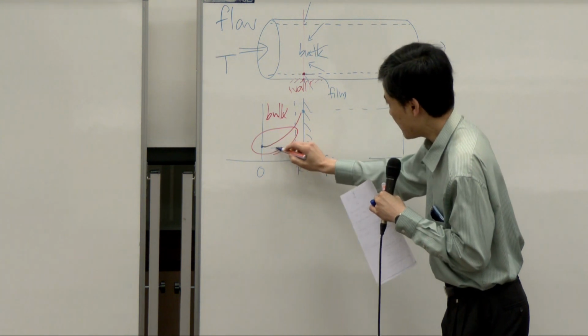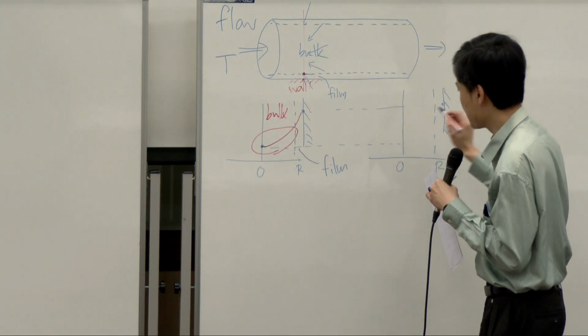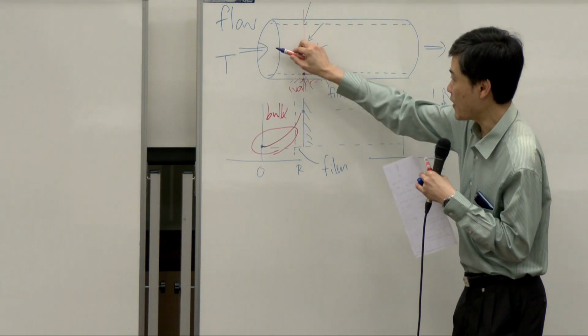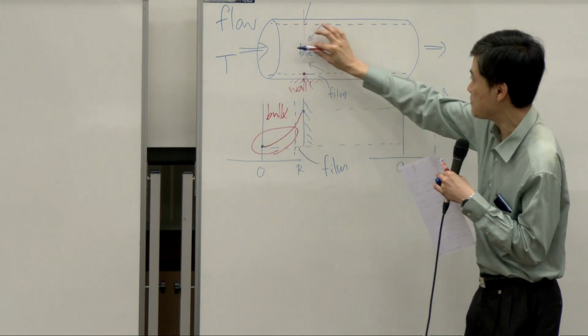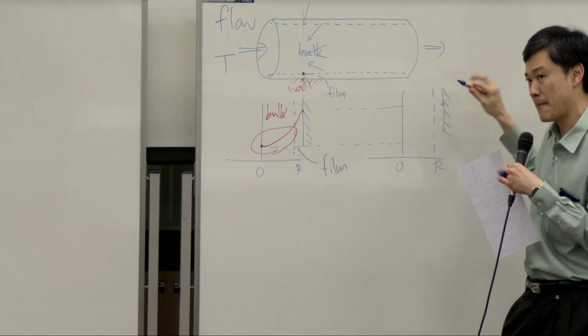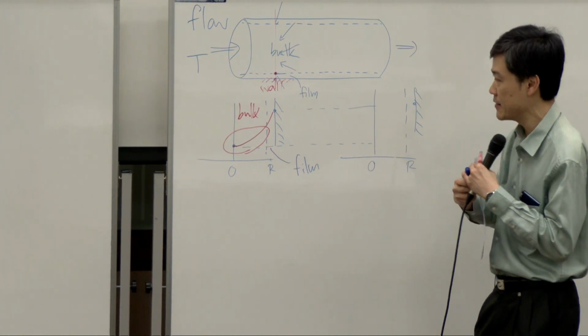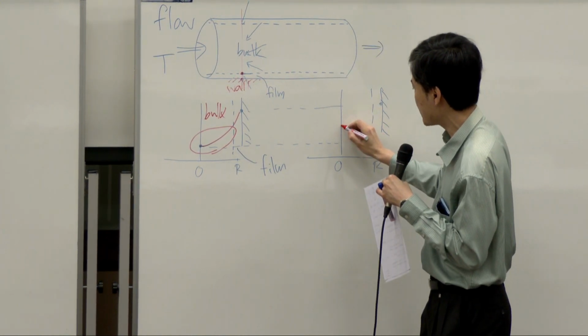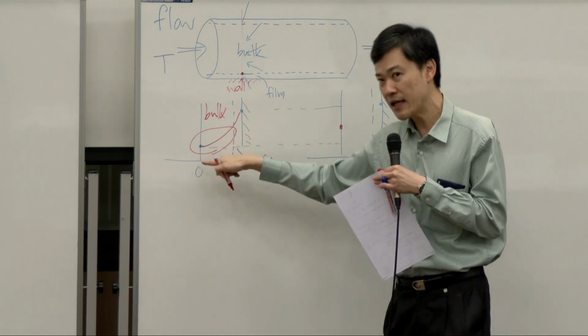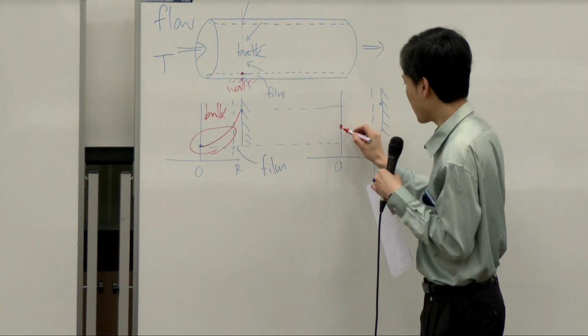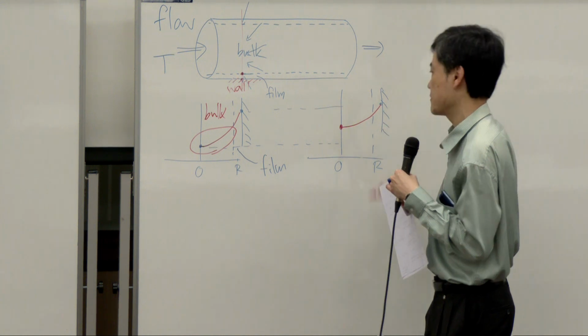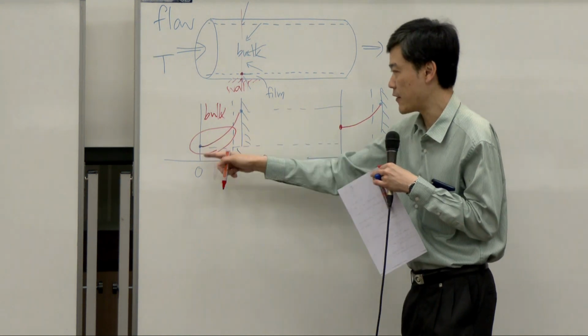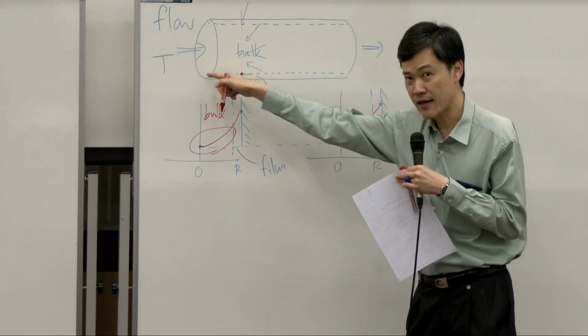If you compare at the center, temperature of the water at the center, once it is being heated through the pipe, you see that eventually at the outlet, temperature should rise higher than at the inlet. So your temperature profile would now look like this. It's not as different as in the inlet anymore.